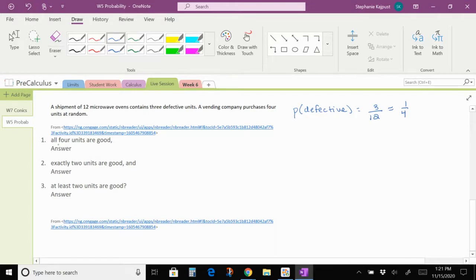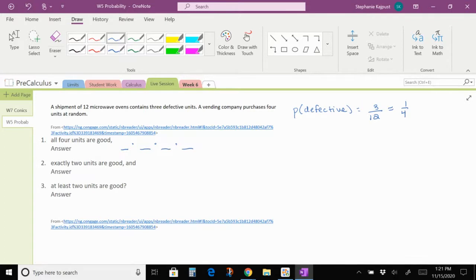So the probability that all 4 units are good. There are 2 different ways that we can think of this. Now, this is independent because the probability of 1 unit being defective does not affect the probability of another unit. They're not related, which means that we can multiply our probabilities together. So we're going to have 4 probabilities we're multiplying.